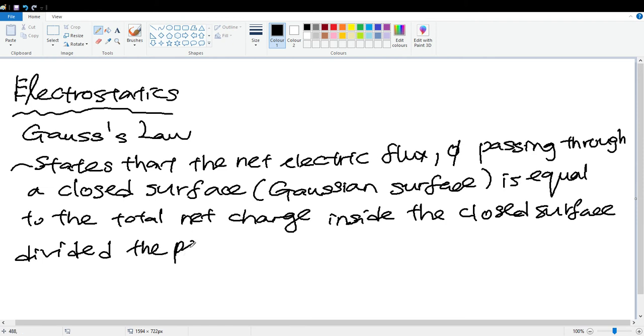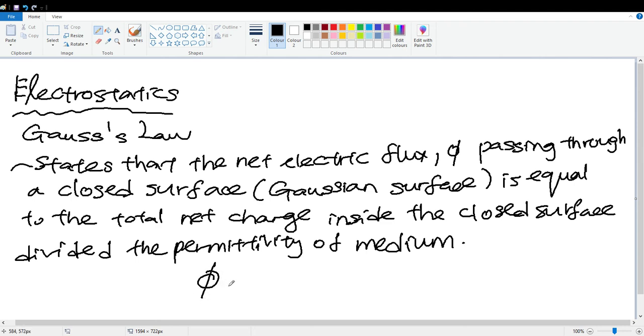So the formula of Gauss' law is: the electric flux passing through the Gaussian surface equals the total net charge divided by the permittivity of medium.